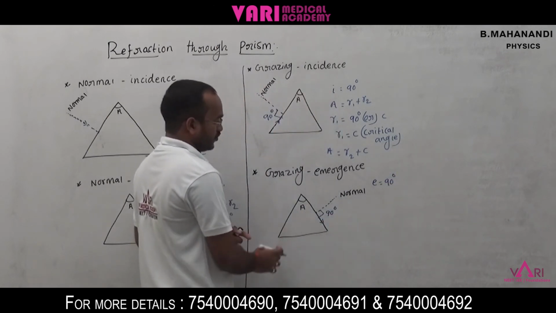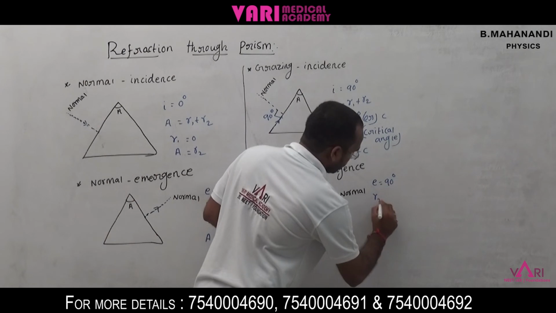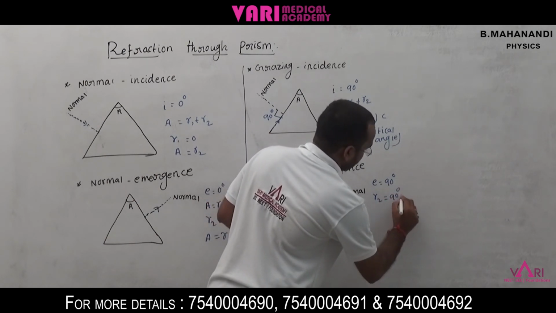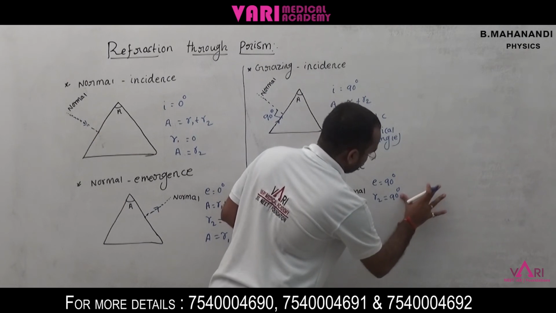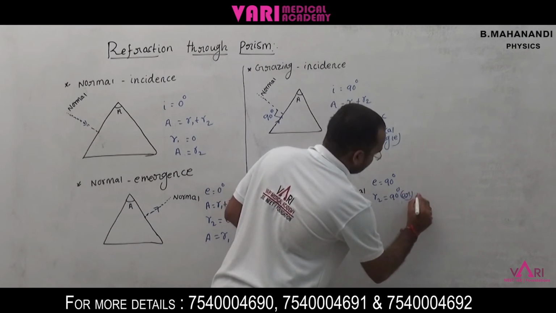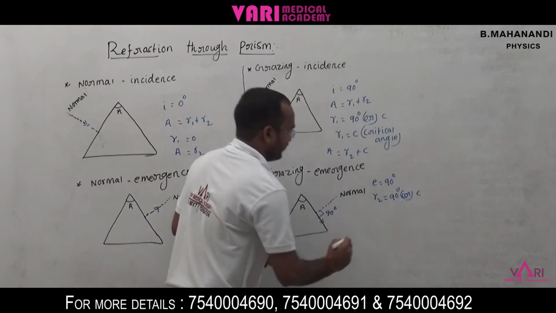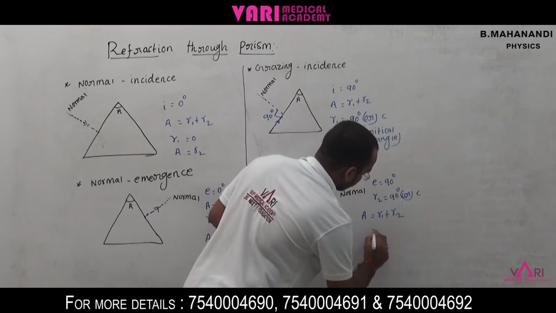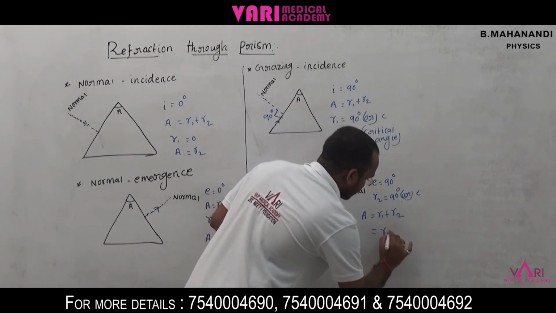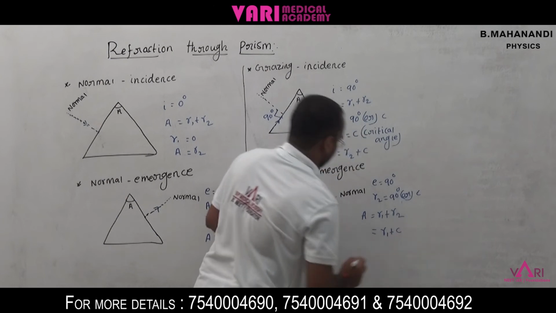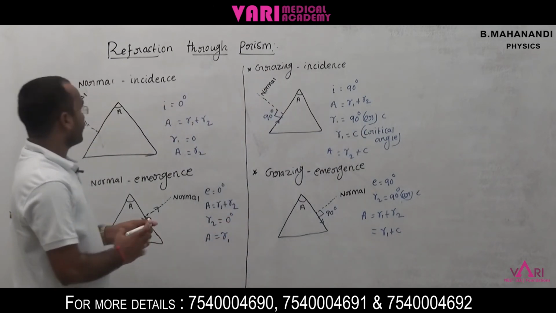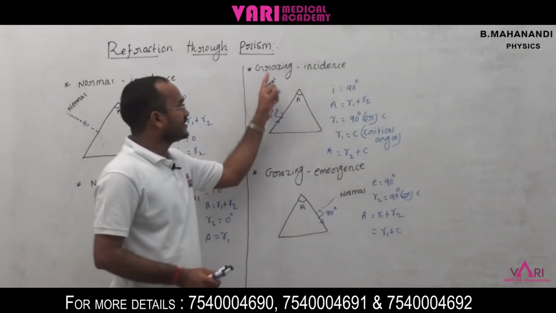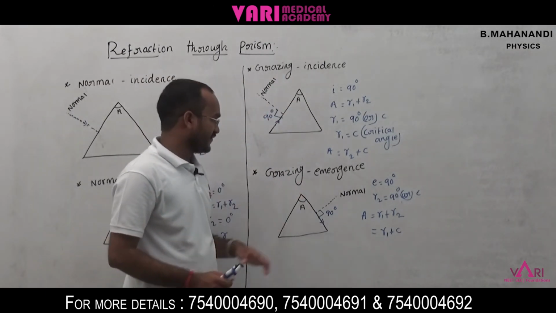Here R2 is the critical angle. Same, the angle of the prism A equals R1 plus R2, so A equals R1 plus C. Normal incidence, normal emergence, grazing incidence and grazing emergence are finished.